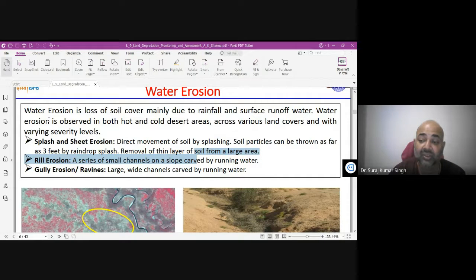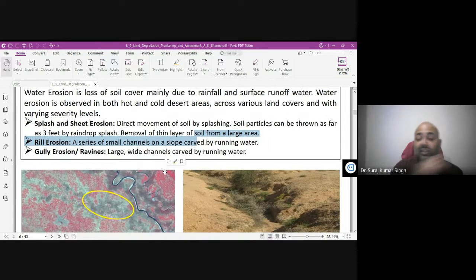Next is water erosion. You'll be finding many features that are created on the land on the basis of forest. So water erosion is a loss of soil cover. What happens when a lot of water comes is that water erosion takes place, so you have a loss of soil cover due to high rainfall or surface runoff water.